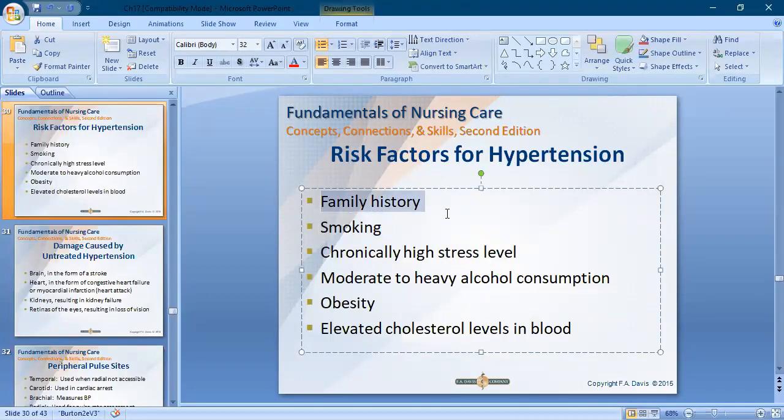Family history is called a non-modifiable factor. If my father has hypertension and my uncle has hypertension, it can be transmitted to my body. Family history is positive and I cannot change my genes. It is transmitted through the gene and is called a non-modifiable factor.